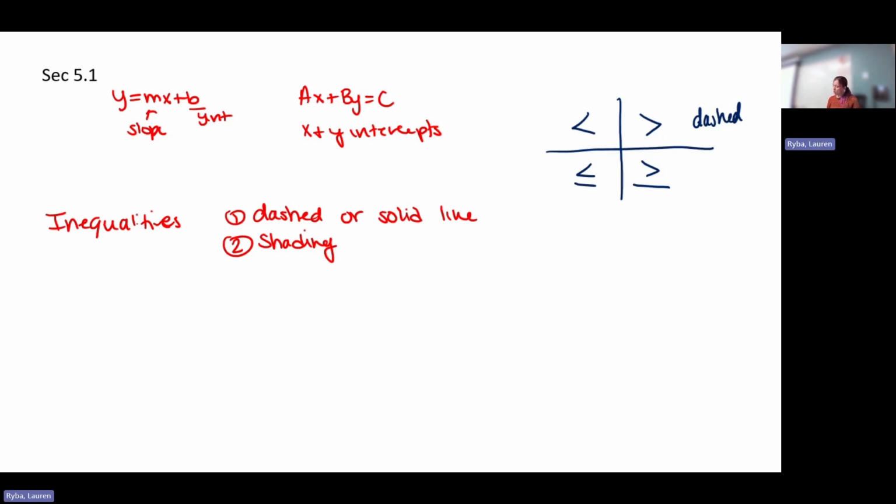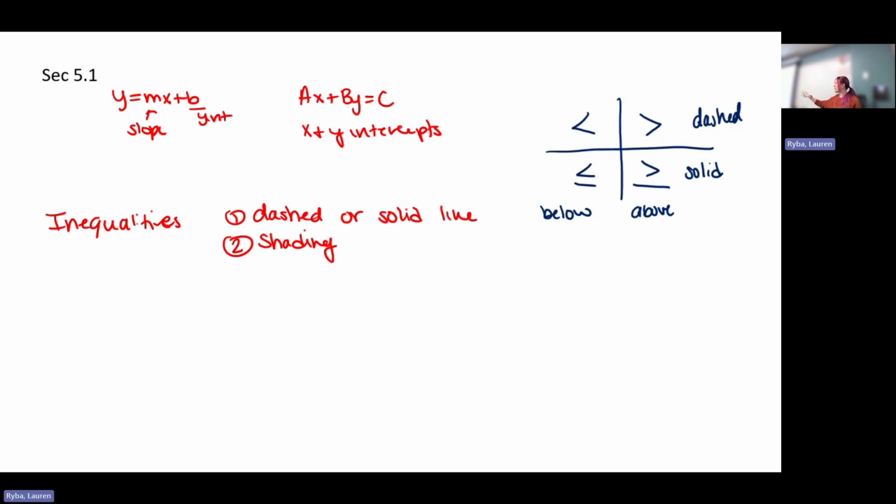If you have the equals to piece, that line underneath the symbol, then it is going to be a solid line. If your symbol is a less than, you will shade below the line. And if it's greater than, you're going to shade above the line.